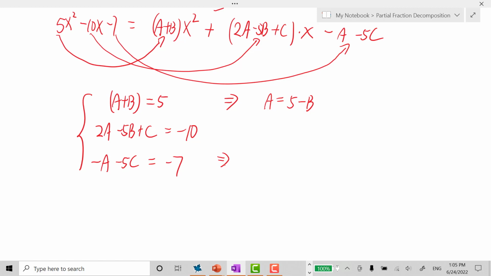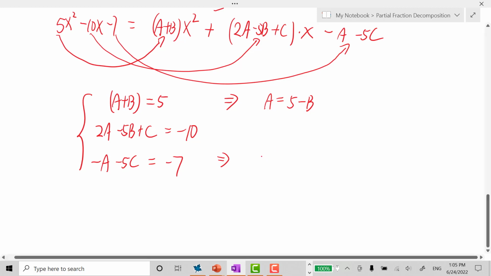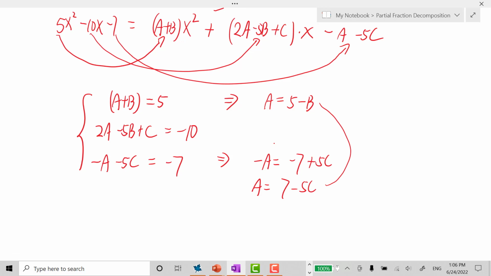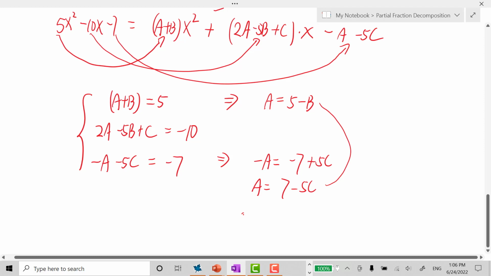So negative a is equal to minus 7 plus 5c. And so a is equal to 7 minus 5c. Okay. So in this case, these two are equal to each other because they both equal a. All right, so we have 5 minus b equals 7 minus 5c.